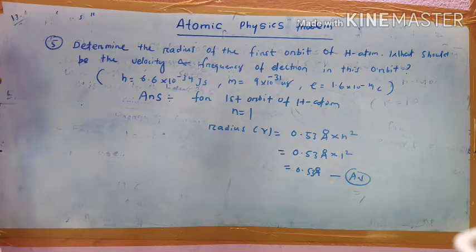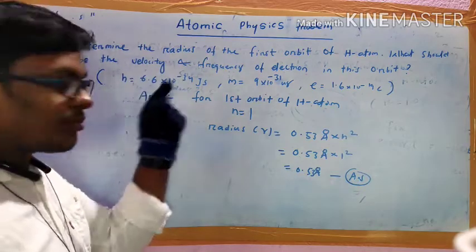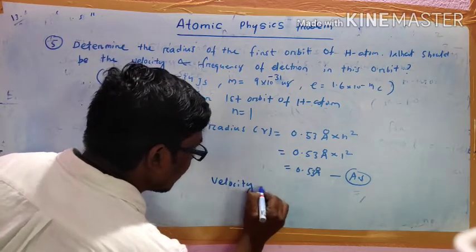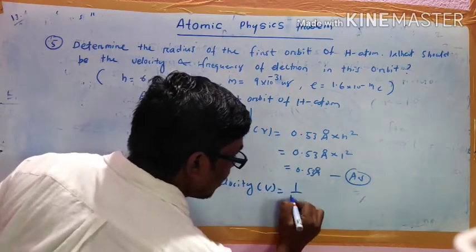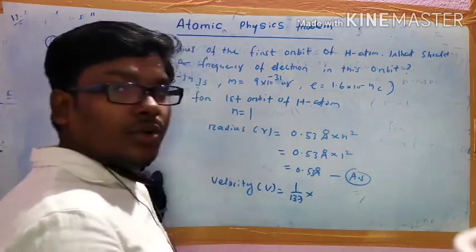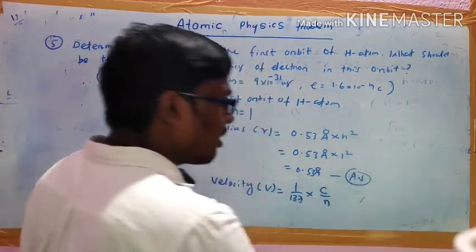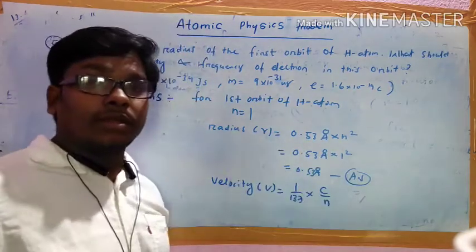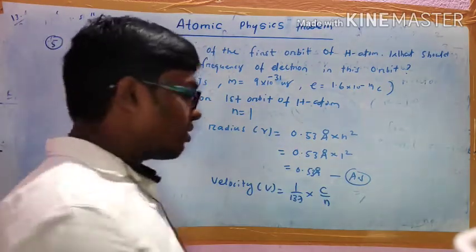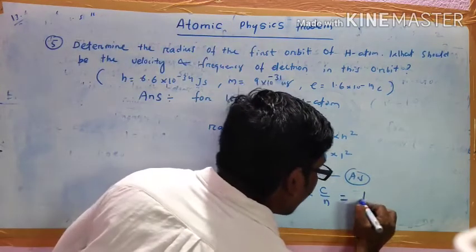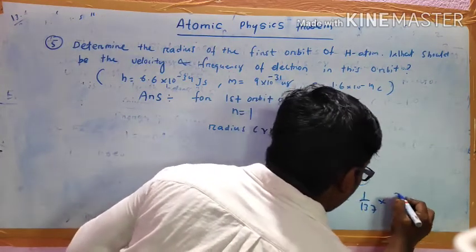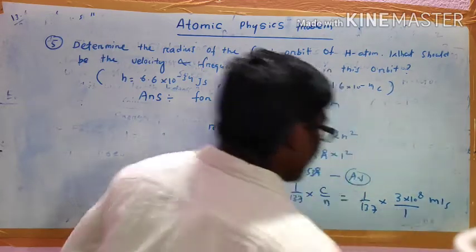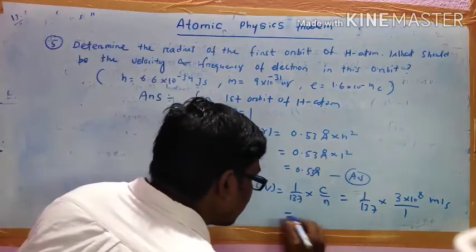Okay, next it is asking about velocity. v is equal to, as I have already said, 1 by 137 into c by n. Put n is equal to 1. We know the speed of light is 3 into 10 to the 8 meter per second. So 1 by 137 into 3 into 10 to the power 8 meter per second divided by 1.